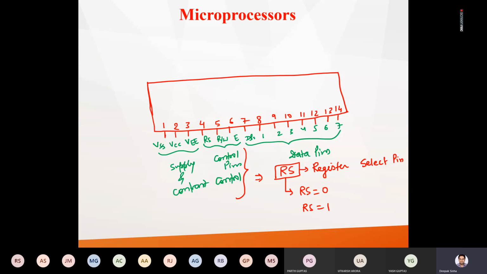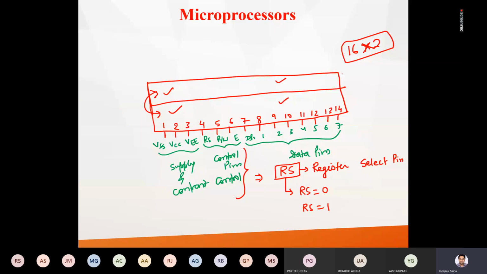This LCD that we are going to use is divided into two parts basically. The screen will have two lines, so you can write 16 into 2, 16 characters on the first line and 16 characters on the second line as well.